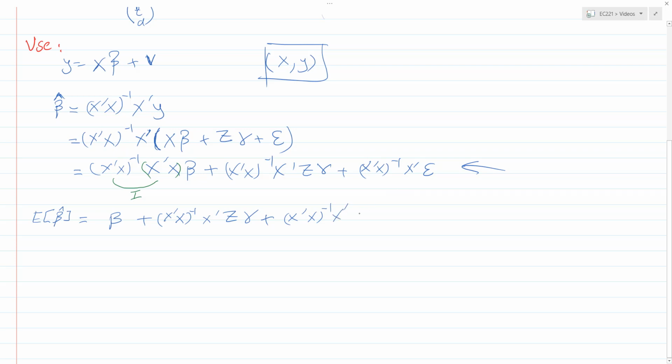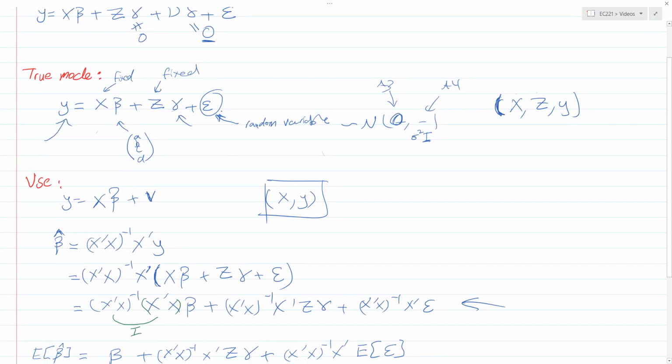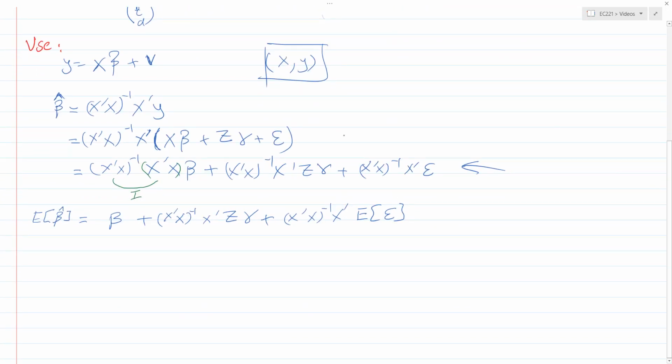And we are left with the expectation of epsilon. Now, remember what we said here. Epsilon is a random variable, and it is normally distributed with an expectation of 0. So the expectation is 0, and this whole term drops out.